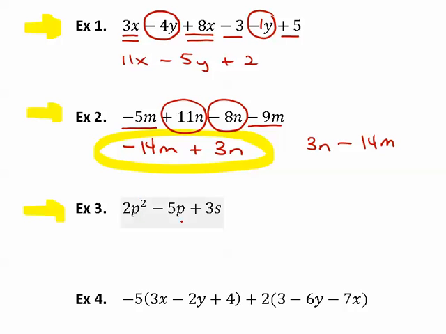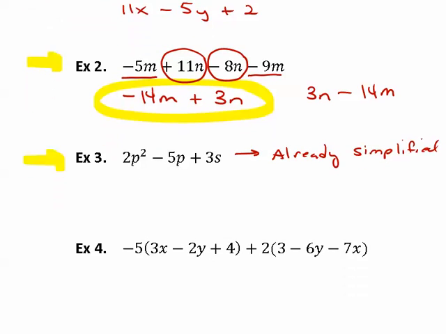Well, we have three terms. The first one is a p squared term, the second one is just a p term, and then we have an s term. This one is already simplified. There's nothing we can do with this expression. In other words, there are no terms that we can combine here.